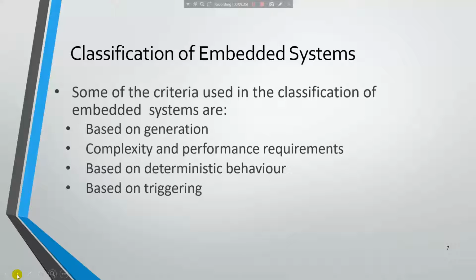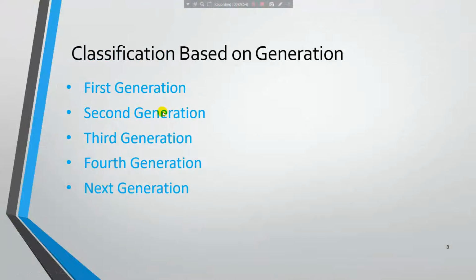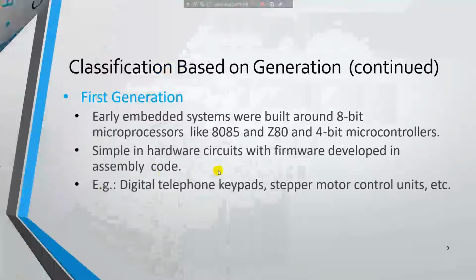So there are four bases: generations, performance, complexity, and requirements based on deterministic behavior and triggering. These are the classifications of embedded systems. Based on generations, we will see the first generation, second, third, fourth, and next generations, and how the classification of embedded systems was put forward.